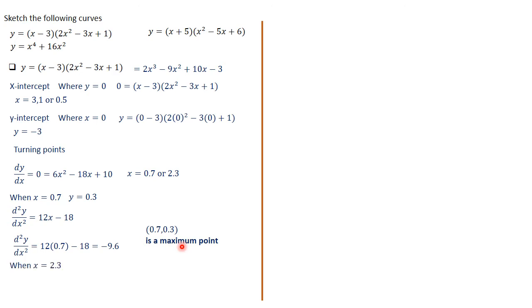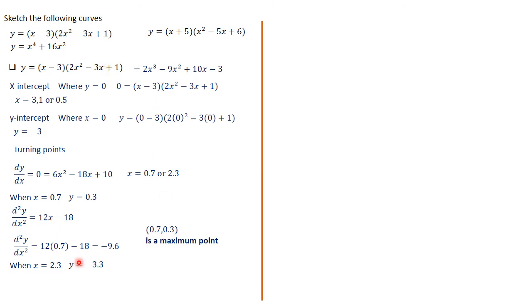We have the first point, and we know it's a maximum point. The next thing, we look for the value of y when x was 2.3. When x is 2.3 it is a turning point, and we want to find the value of y. So y is -3.3. Remember that you're supposed to put the 2.3 in either this equation or the other one, and just solve.